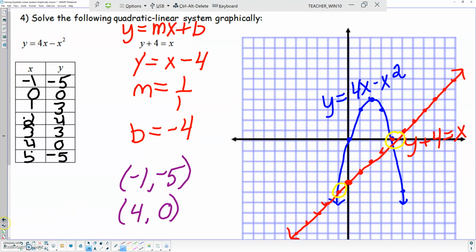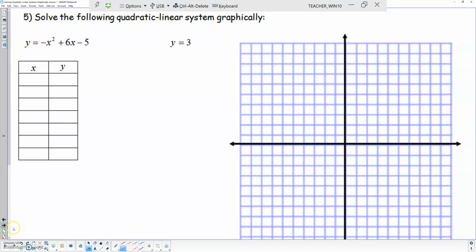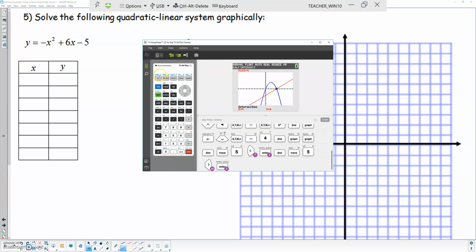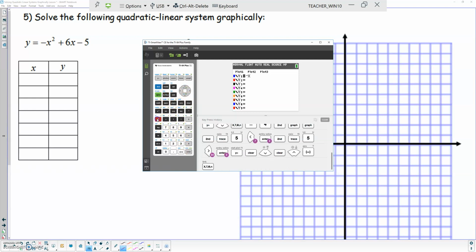All right, let's try to get through number 5. All right, so number 5, we're going to put the quadratic in the calculator. So we got -x² plus 6x minus 5.